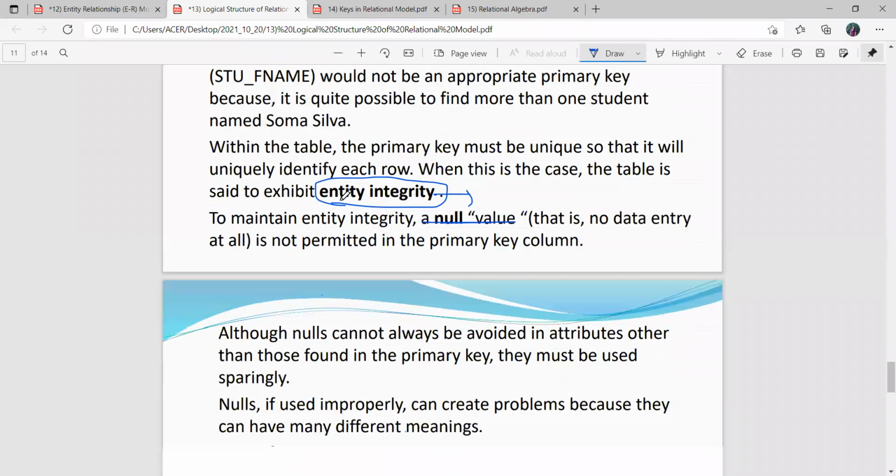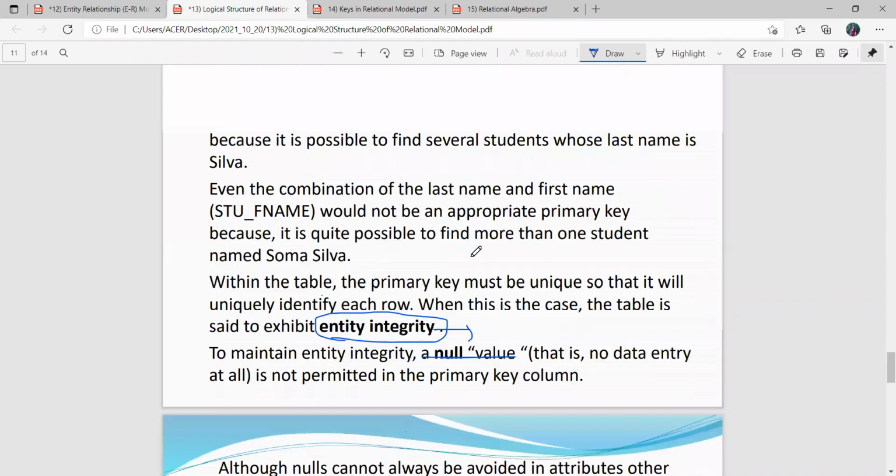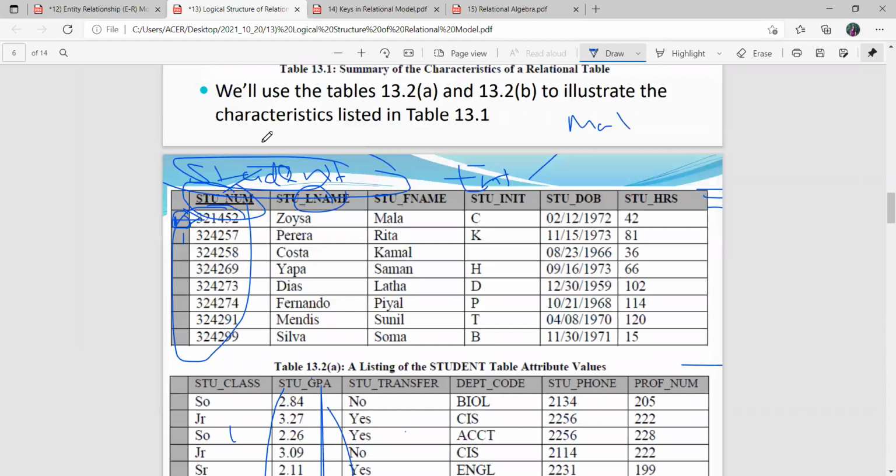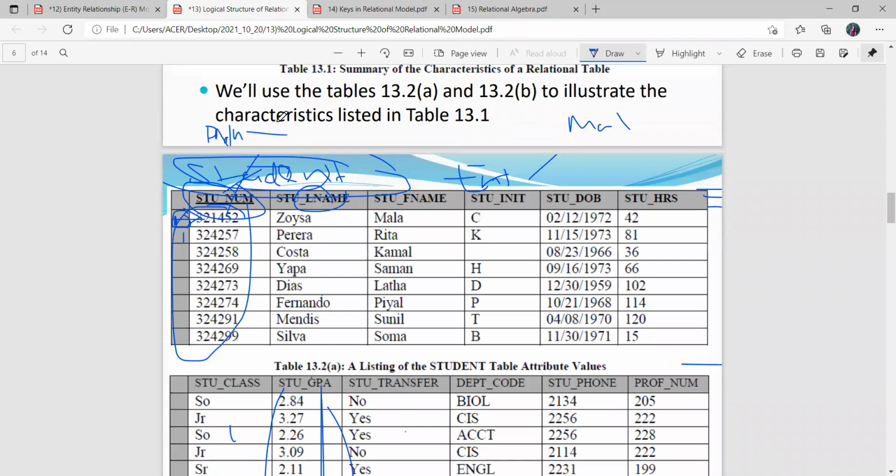So entity integrity simply means that when you are choosing a primary key for a table, you choose an attribute without null values as well as duplicate values.